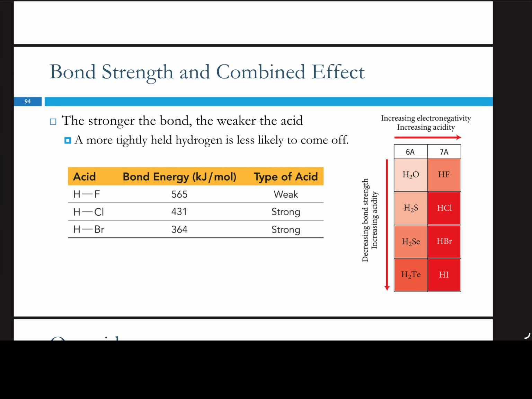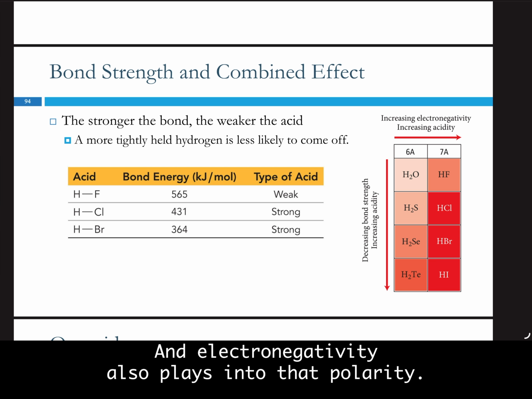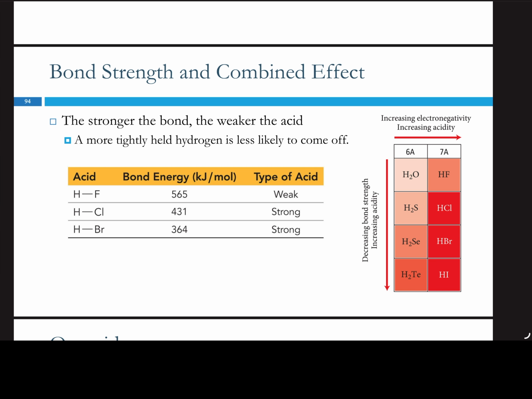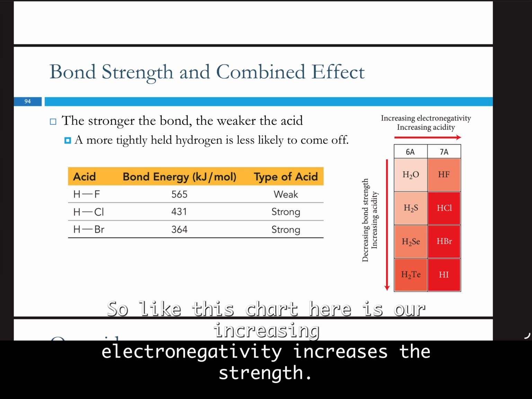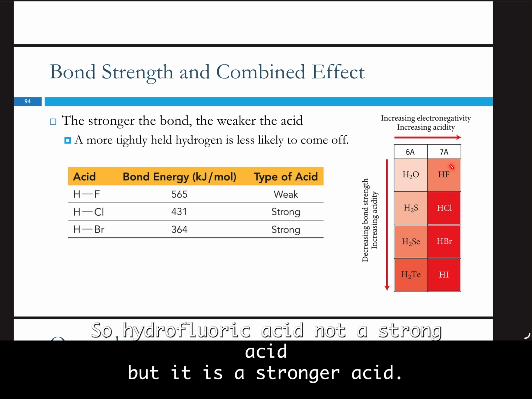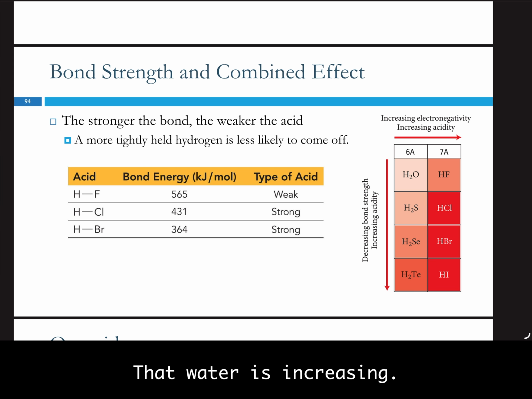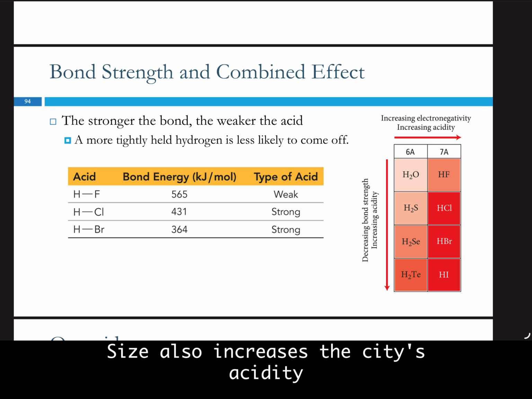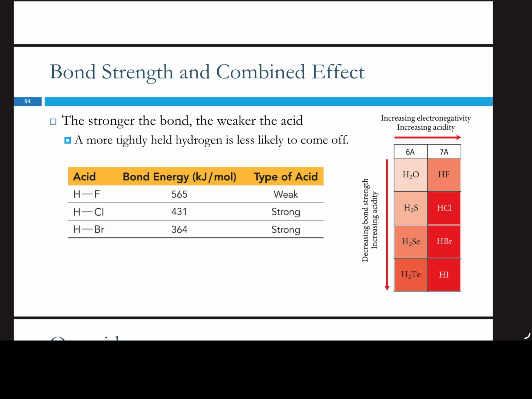Electronegativity also plays into that polarity. Like this chart here shows, increasing electronegativity increases the strength. So hydrofluoric acid, not a strong acid, but it is a stronger acid than water is. Increasing size also increases acidity, or decreasing bond strength.